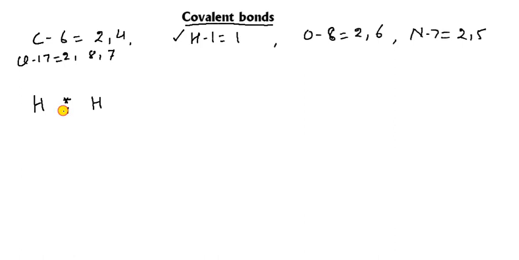They have only one electron each, so that one is one electron and that one is one electron. They share both the electrons with each other, and they make a bond.